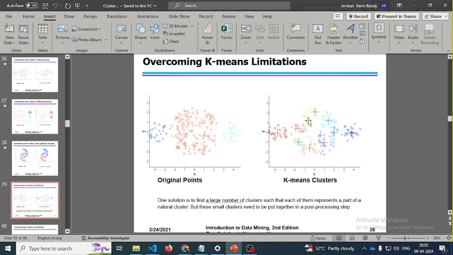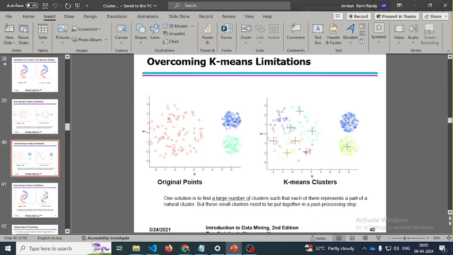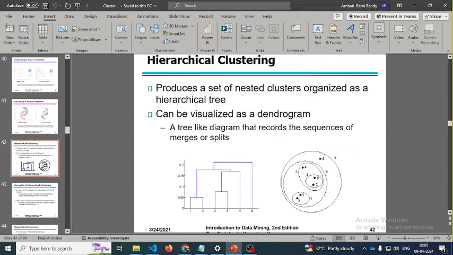To overcome all these k-means limitations, you go for another technique, hierarchical clustering. It produces nested clusters.